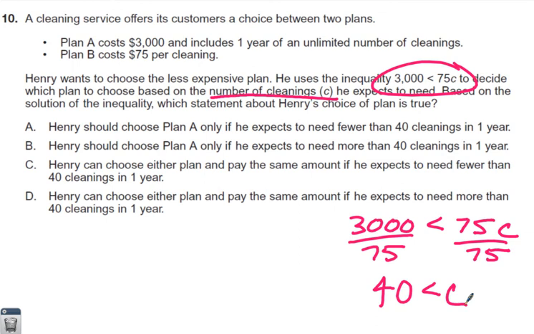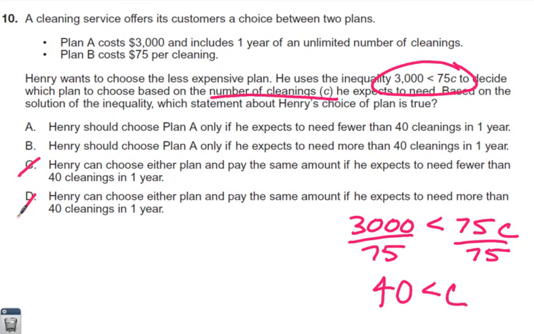So choice B: Henry should choose Plan A only if he expects to need more than 40 cleanings. Choice C: Henry can choose either plan if he expects to need fewer. Choice D: Henry can choose either plan if he expects to. No, I wouldn't say it's there.